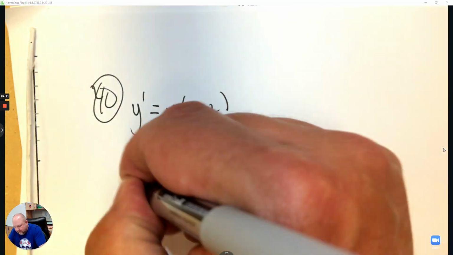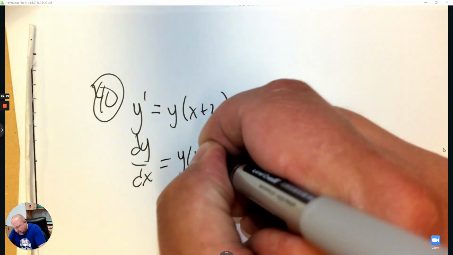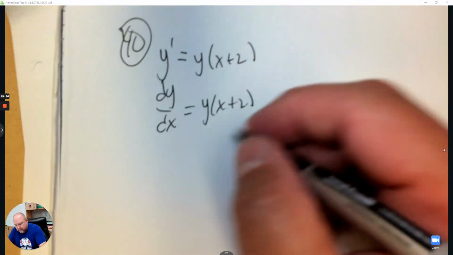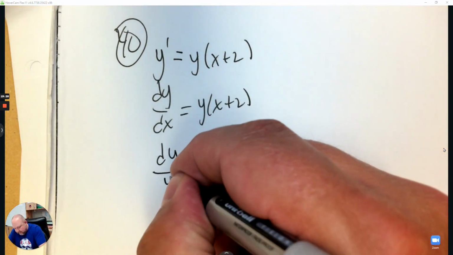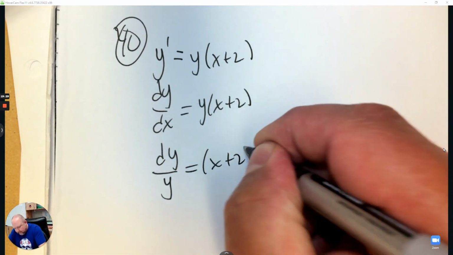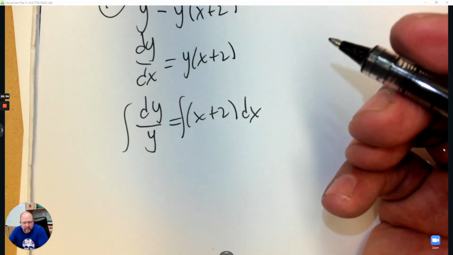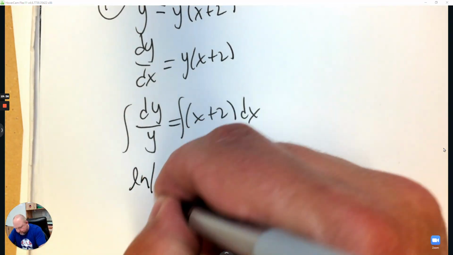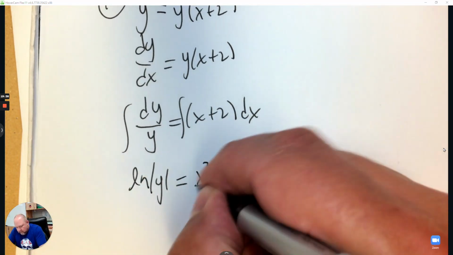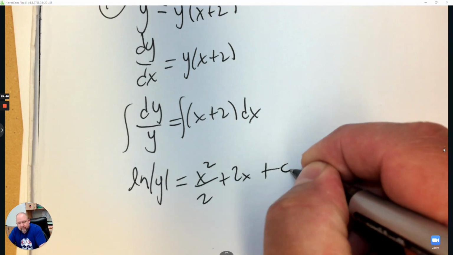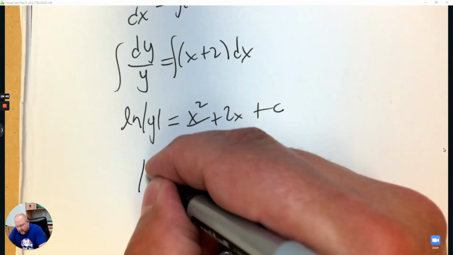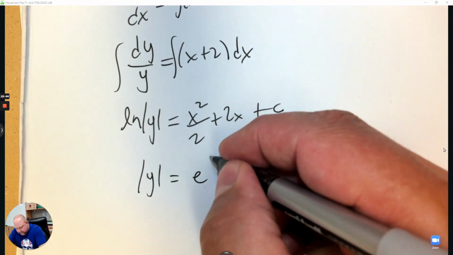So how do I do this? dy by dx. Separate the variables, so multiply by dx and divide by y. Integrate. This is going to be a logarithm. Press pause, right? You can do this. So now you've integrated it. To get y by itself, e.